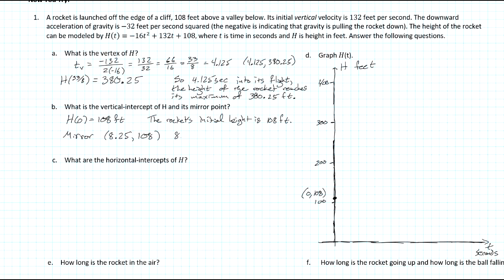So 8.25 seconds into its flight, the rocket has fallen back to 108 feet in height. All right, that gives me a good idea that I need to at least be out to 8.25 seconds here. But let's figure out where it hits the ground before we get a final answer for how we want to do our horizontal scale here.